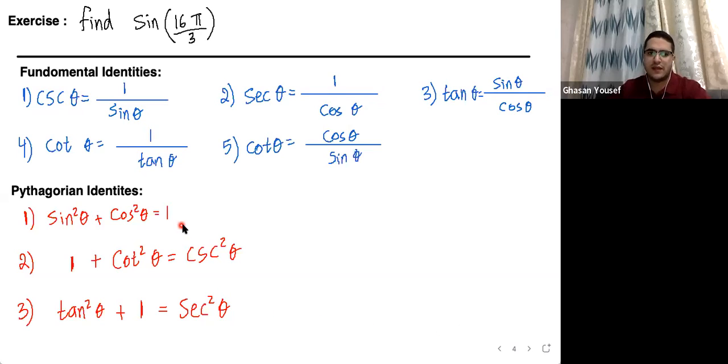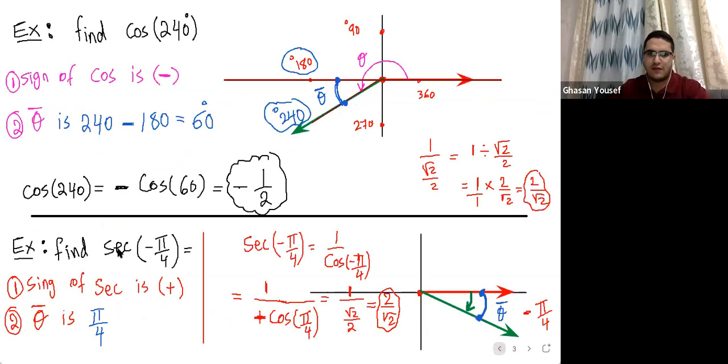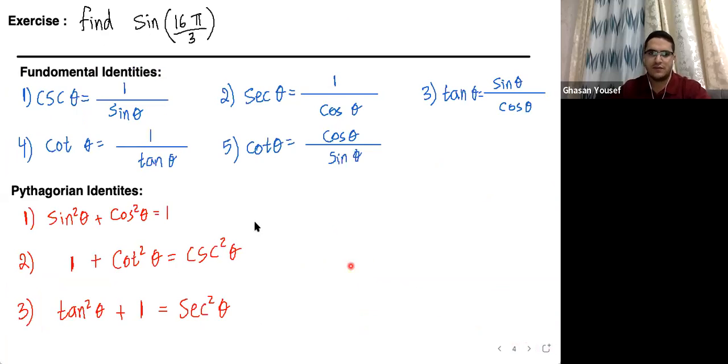You use the identities when the question tells you to find the cosecant of theta or secant, for example. Find secant of minus pi over 4. You should know the secant of minus pi over 4 equals 1 over cosine of minus pi over 4, because the secant of theta equals 1 over cosine of theta.